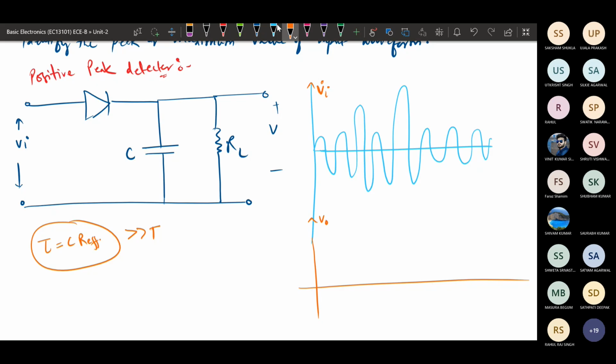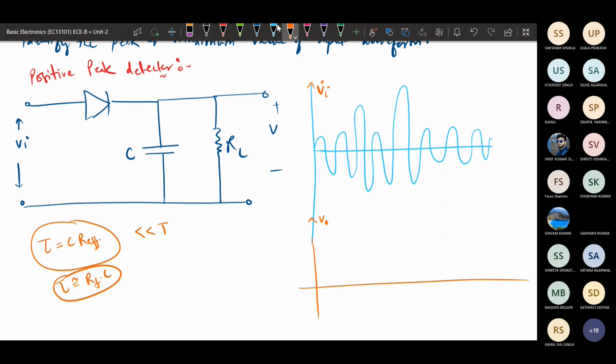The forward resistance RF will be very less compared to RL, so RF into C will be the time constant. Therefore this tau value will be very much less than the time period.